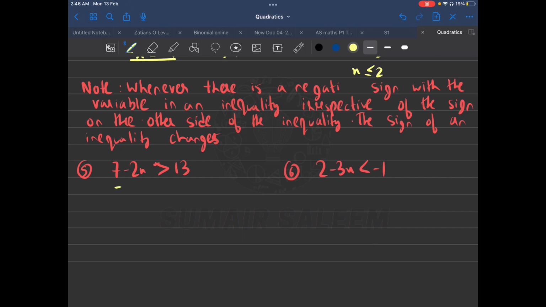So now the question is like this. Minus 2x greater than 13 minus 7. You can write it like this: minus 2x greater than 6.